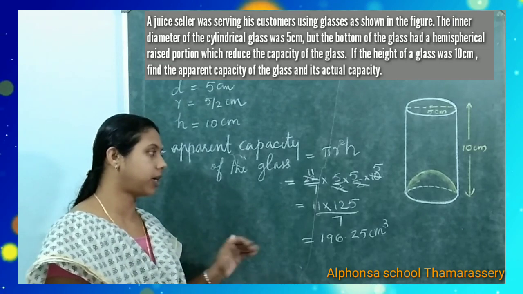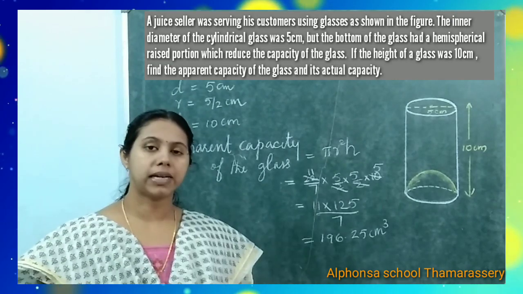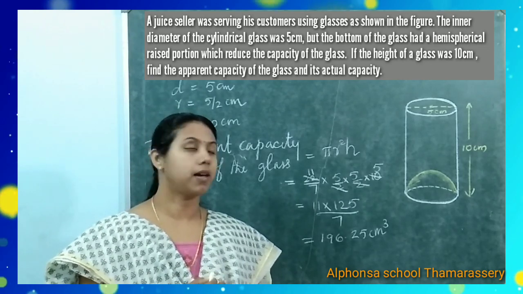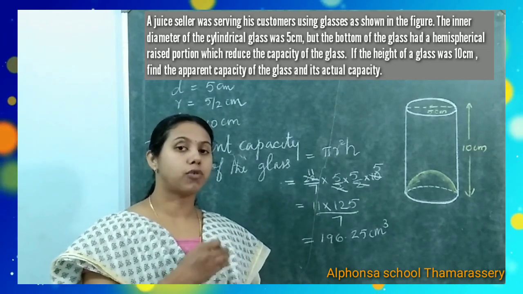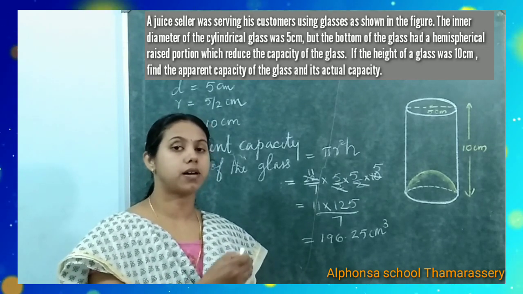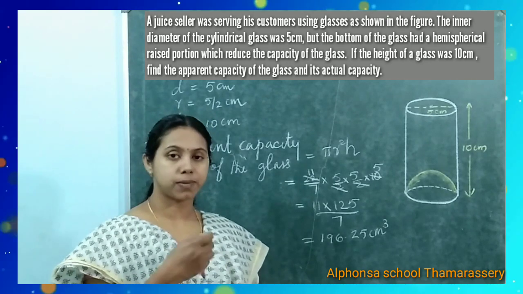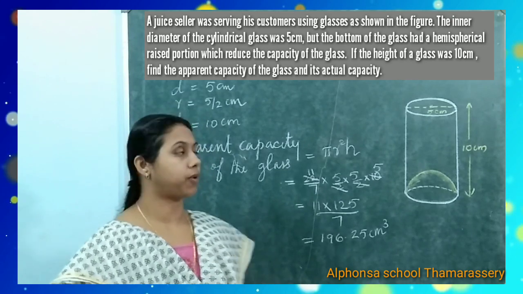So the apparent capacity of the glass is equal to 196.25 centimeter cube. But the actual capacity of the glass will be less than that by the volume of the hemisphere at the base of the glass, that is less by 2 by 3 pi r cube.